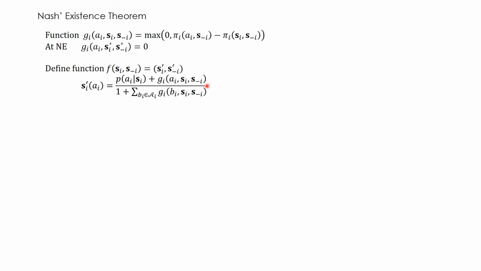And this is in the numerator. In the denominator, we have 1 plus the summation over all actions of G_i for each of these actions. Now, since I've used a_i here, it's part of the argument, so I'm doing the summation over b_i's. Note the slight notation change.